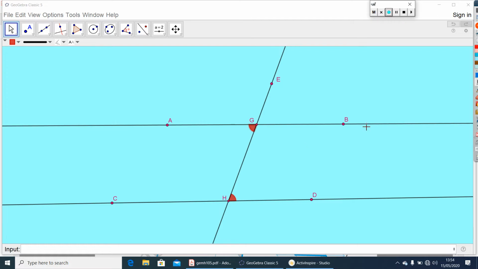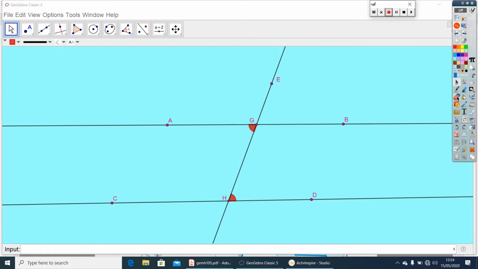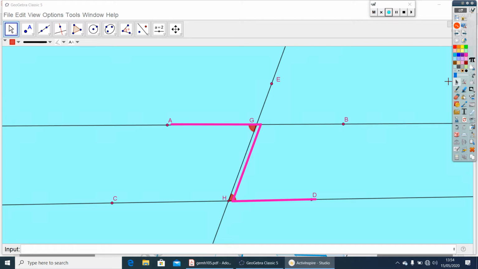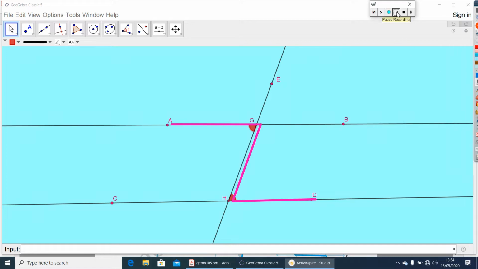Now these are alternate interior angles. Let me join them. It is just like Z. So this type of angles you can say are alternate interior angles, and these are interior angles on the same side of the transversal.